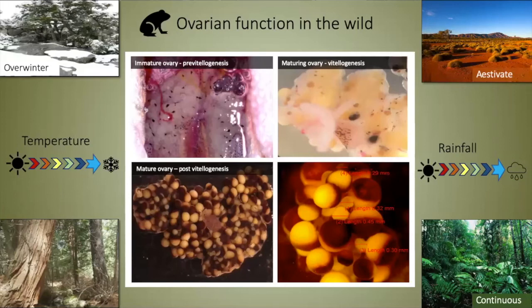Now, exposure to the environmental changes that we've already spoken about dictates that these cellular changes will occur through hormonal and genetic control. So in a brood-mating species, for example, like the mountain yellow-legged frog, the growth and accumulation of yolk, otherwise known as vitellogenesis, and the nucleocytoplasmic maturation often occur during the time when these animals are actually inactive, so during overwintering periods.